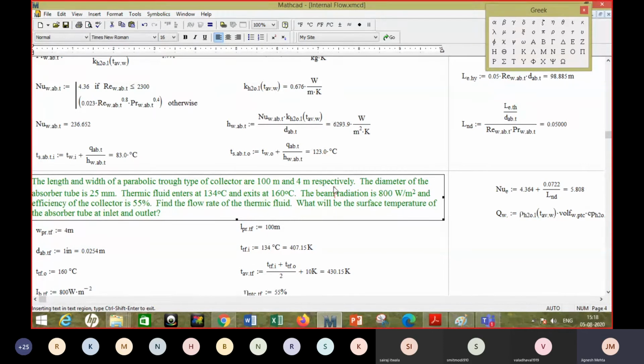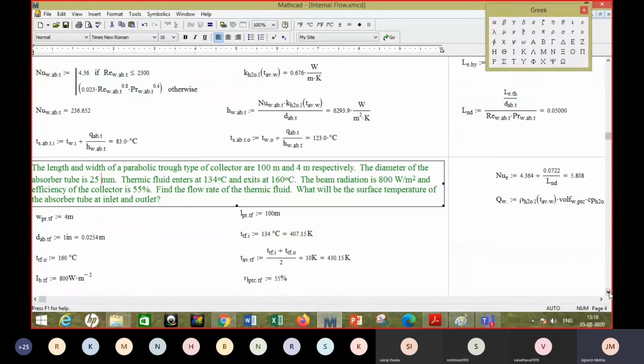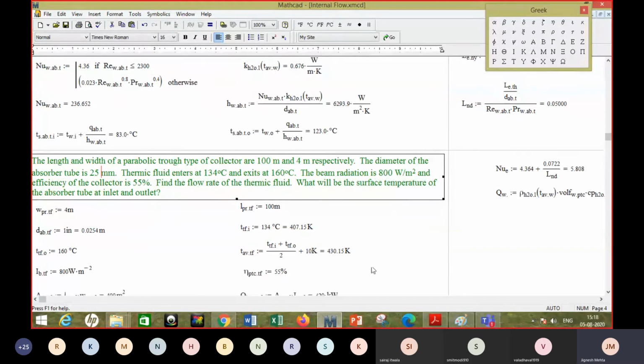So that's at the focal line of the trough, and there the radiation is focused. So the fluid gets heated as it passes through that tube. So that diameter is 25 mm. And the thermic fluid, an oil, enters at 134 degrees Celsius and exits at 160 degrees Celsius.